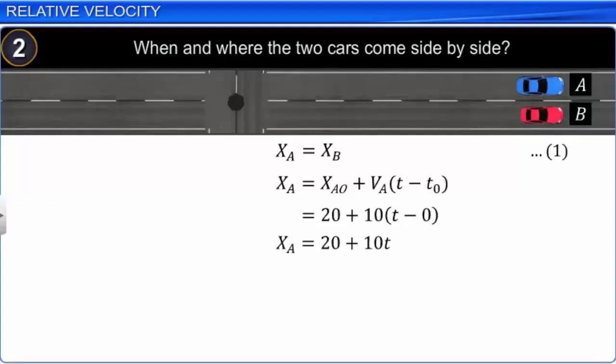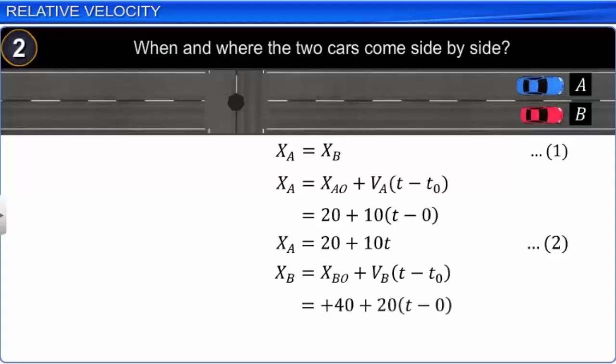Similarly, XB is equal to XBO plus VB into T minus T naught. By substituting and simplifying, we get XB equal to minus 40 plus 20T. This is equation 3. Substituting equations 2 and 3 in equation 1.